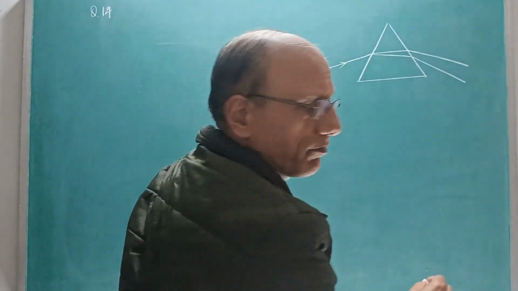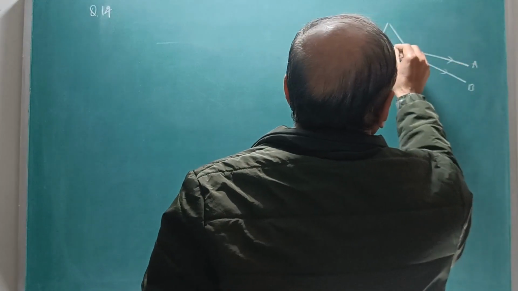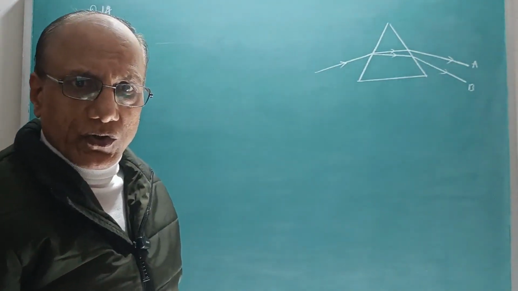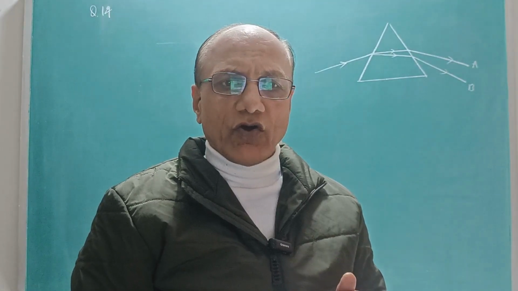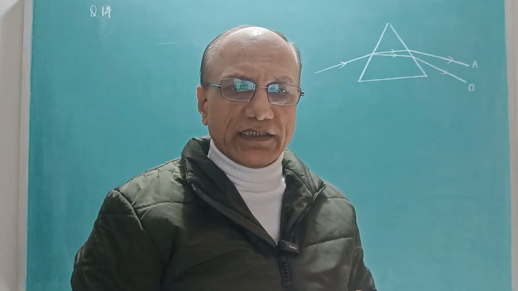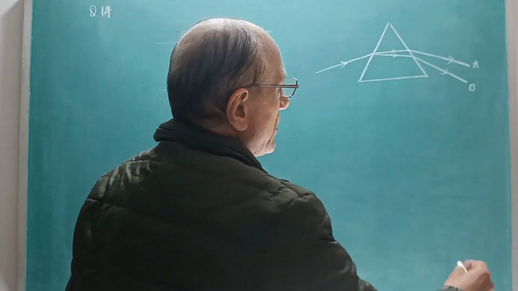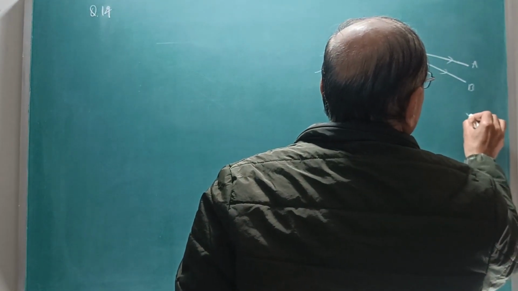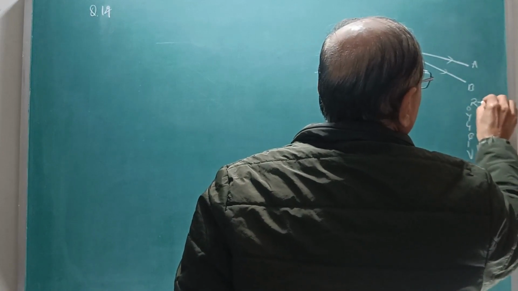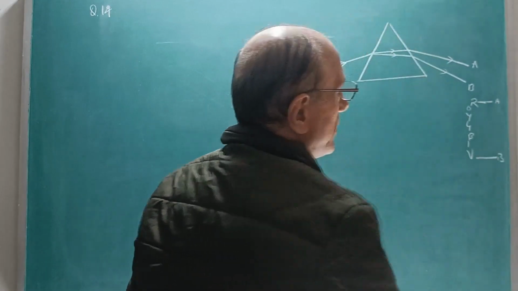This is B and this is A. The question is, choose the correct option for the color of rays for A and B. We know the sequence VIBGYOR. So this is the A side and this is the B side.